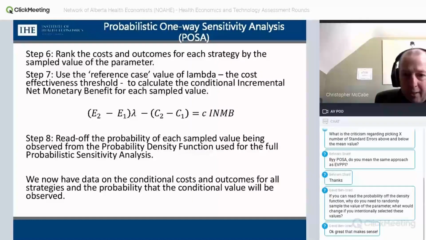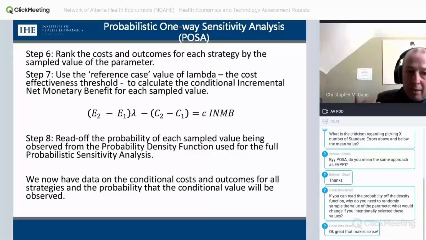So we're putting it in the net monetary benefit space. You could put it in the net health benefit space. What we don't want to do is try to do it in the ICER space, because that's not easily plotted, as it approaches infinity as the effectiveness value approaches 0. So it's got a discontinuity there.